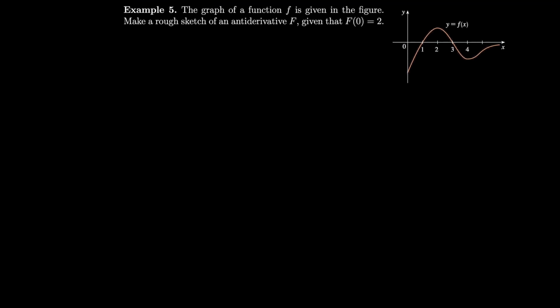Okay, say we have the graph of a function f. Let's see if we could find an antiderivative graph. Well, we're given that big F of 0 is 2. So how about we start there? So that's 2.